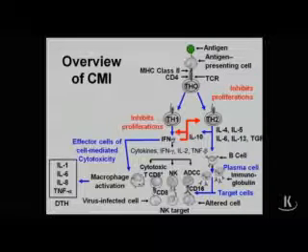Probably the two most important cytokines that are made by the Th1 cell for promoting CMI are interferon gamma and then interleukin 2. Now, what does interferon gamma do? Remember, it helps with macrophage activation. It also helps with the activation of some of these other cells, but so does IL-2. IL-2 is really the cytokine that you're looking for if you're a cytotoxic T cell. They're going to help kill a viral infected cell.